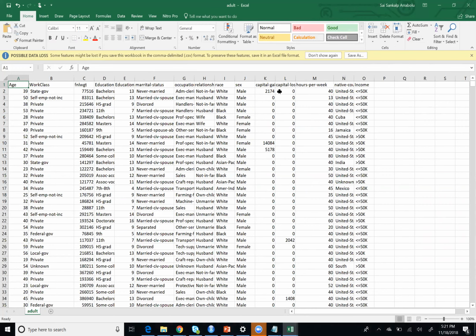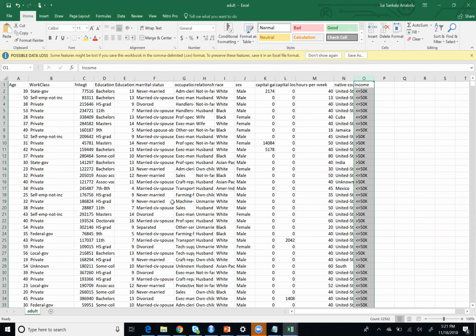Using this data set, we want to predict their annual income. We are not predicting the exact annual income, because that would become linear regression. We are going to categorize it. We're going to predict whether they have an annual income greater than 50,000 or less than 50,000.